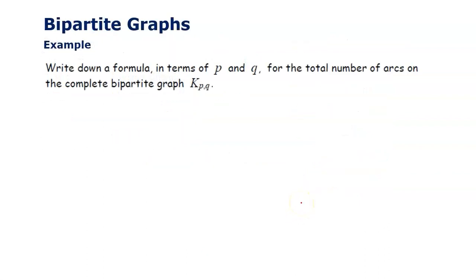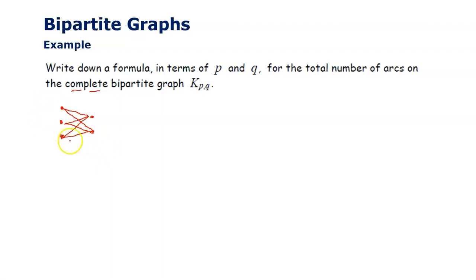Here's another part of bipartite graphs, and it comes back to this idea of complete bipartite graphs. We had a formula for this when we were doing complete graphs as well, which I've shown you already in this video. So let's have a look. If I had 3 here and 2 here, you can see that's 3 to that one, and for this one we've also got 3 as well.